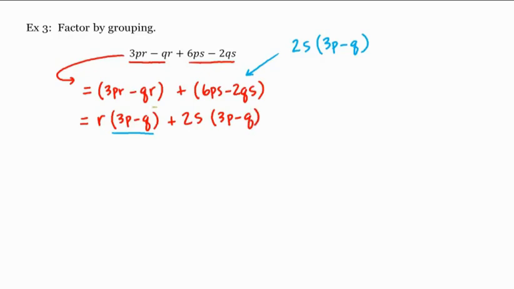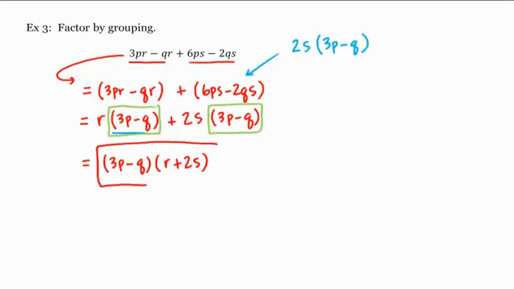And then factoring that out of each of these groupings gives us 3p minus q times r plus 2s, which would be our answer. Now, in all these examples, we've been starting with grouping the first two terms and then the last two terms.